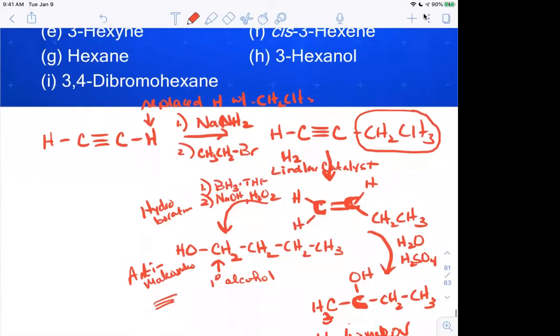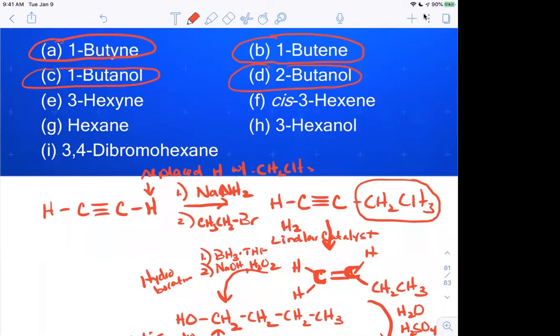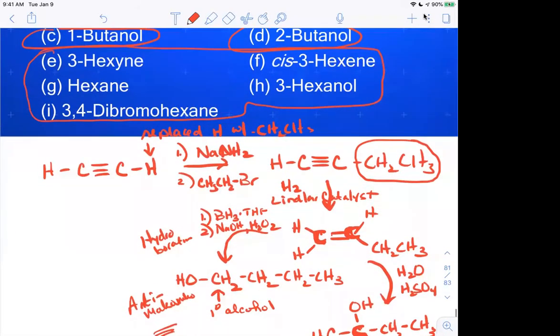So this is what I want you to think about. I gave you a good start. Now see if you can figure out ways to continue what we were doing and make these other compounds from what I have on this paper here. You can use these different products as intermediates. And this is something that I might give you on a test. You have to be familiar with these reactions, and you have to know the regiochemistry when it's applicable.